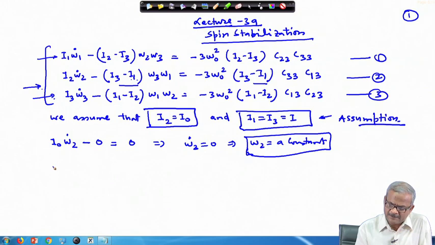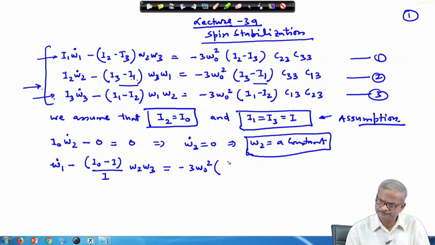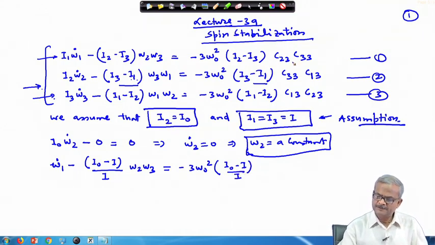The first equation we can write as omega 1 dot times I 2, which is I 0, minus I 3, which is I, divided by I, and then omega 2 omega 3 equals minus 3 omega 0 square and C 2 3 and C 3 3.